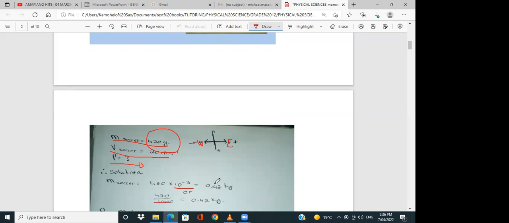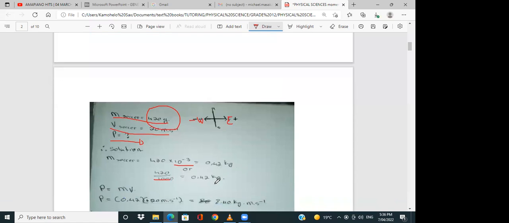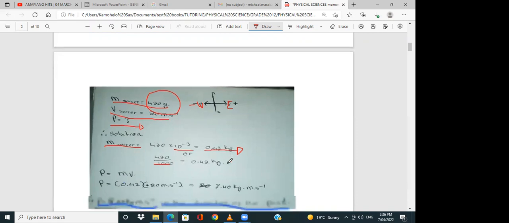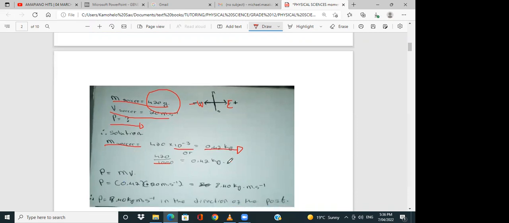Either way, you're going to come to the conclusion that your mass is 0.42 kilograms. Remember, guys, always kilograms no matter what. The mass of our soccer ball is 0.42 kilograms. Then we're going to go to our formula.